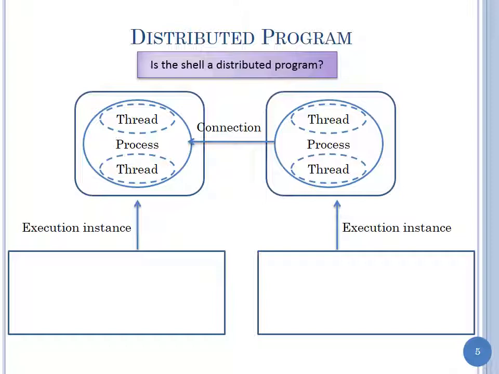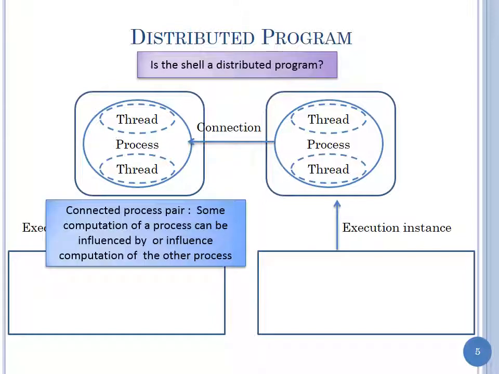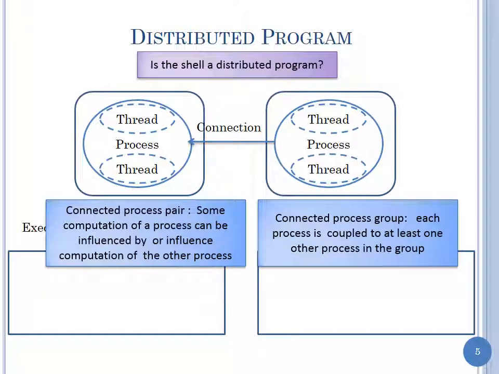Now failure tolerance goes to multiple levels, and it can be zero failure tolerance or more. So some computation of a process can be influenced by or influence computation of the other process. Each process is coupled to at least one other process in the group.